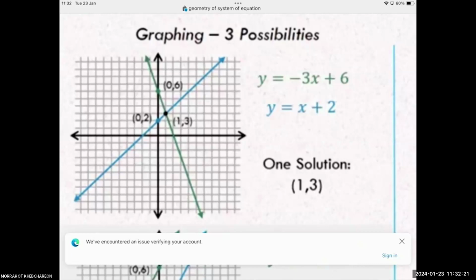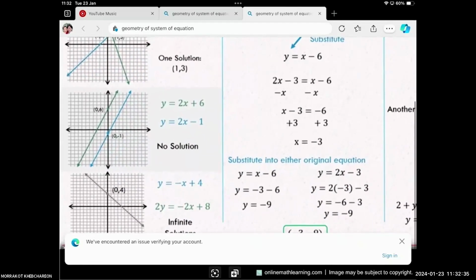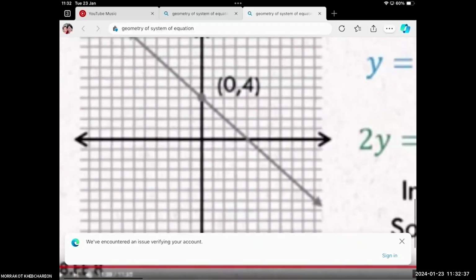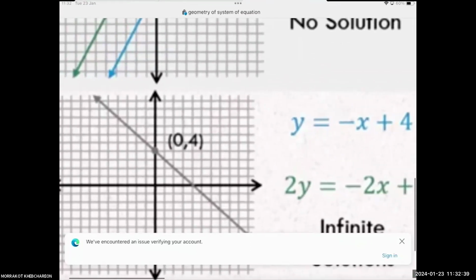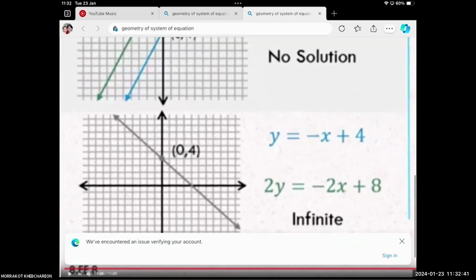But there are only 3 cases, okay? 2 lines cut at one point. The 2 lines are exactly the same, okay? These 2 lines, which are exactly the same. You can see y equal to minus x plus 4 and 2y equal to minus 2x plus 8.